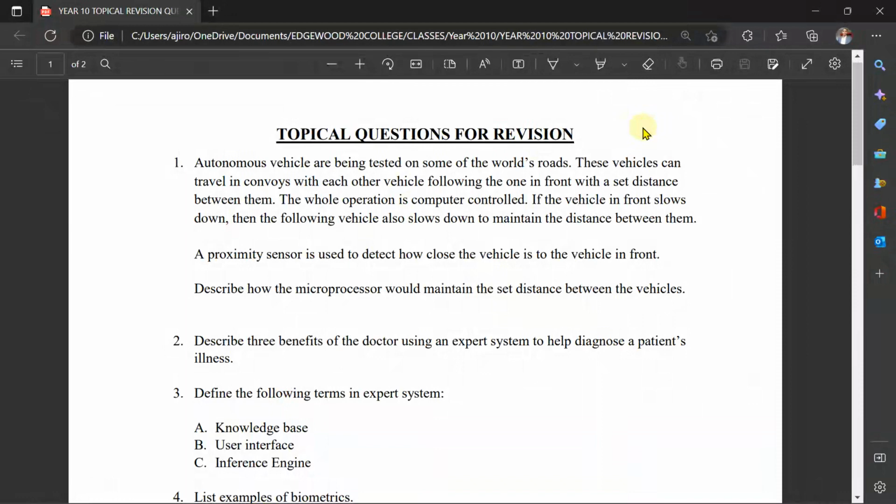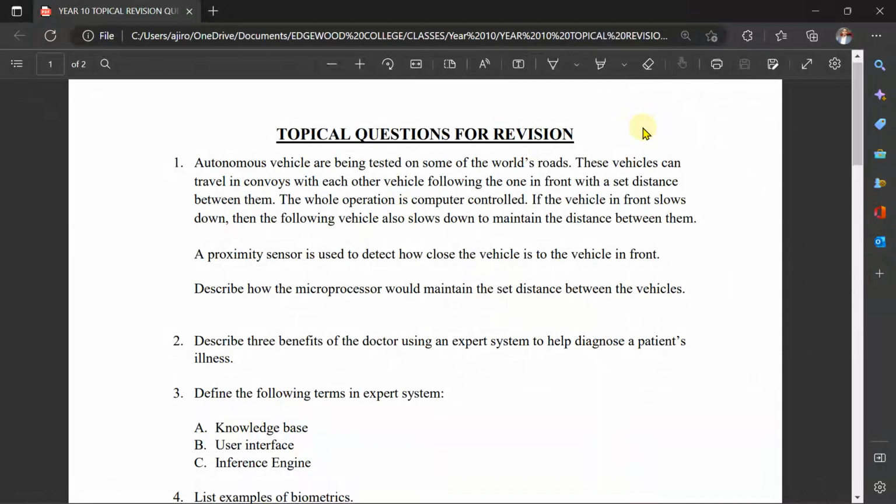Now the whole operation is computer controlled. If the vehicle in front slows down, then the following vehicle also slows down to maintain the distance between them. Now a proximity sensor, which I've discussed in the other video, in I think part 1 or part 2 in the divisional video in preparation for your exam, so you might want to check that out, is used to detect how close the vehicle is to the vehicle in front.